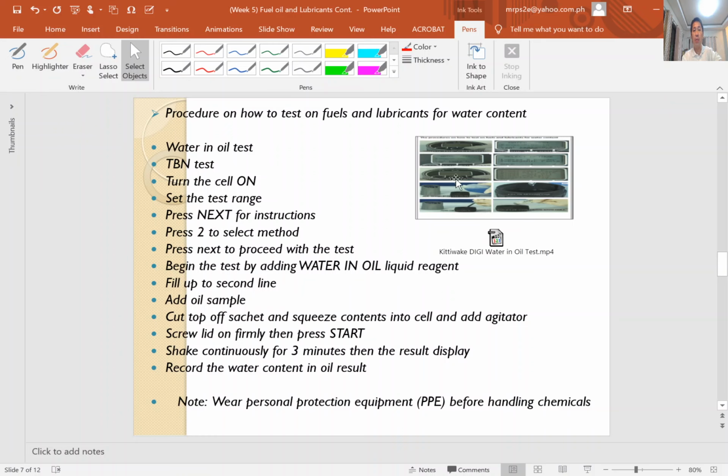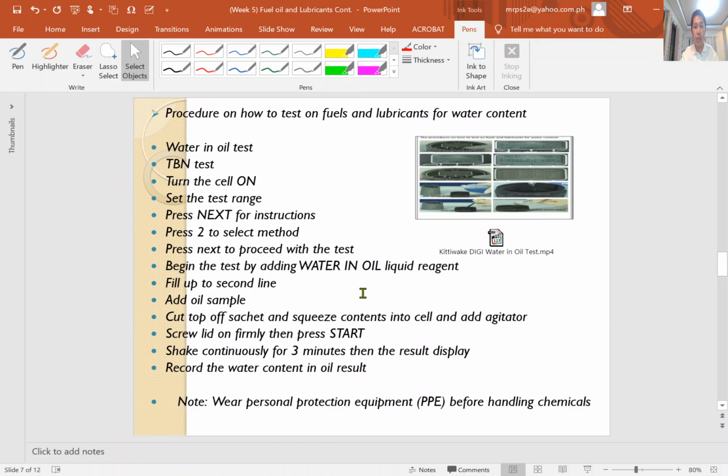So this one, the equipment. Set the test range, press next for instruction. Press to select method. So these are all procedures. I just read them; I will play the video later. So press next to proceed with the test.